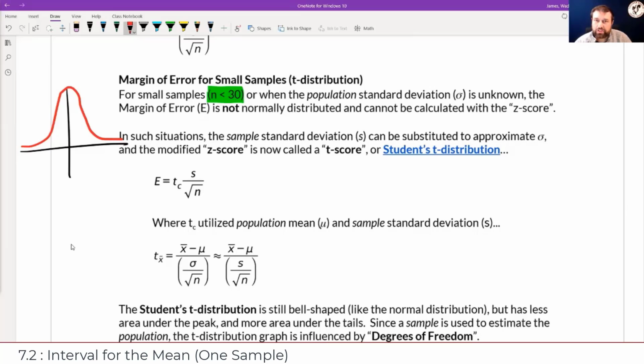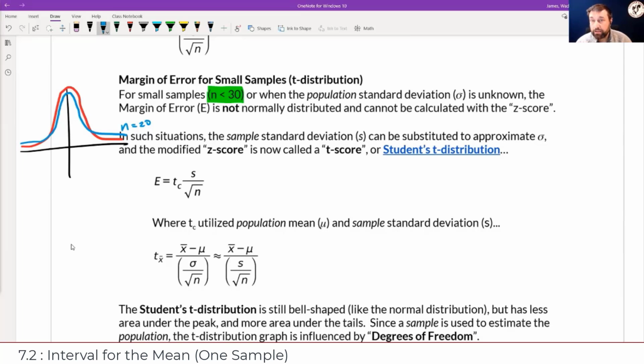If your n is less than 30, let's say n is equal to 20, okay? When you have an n equal to 20, this normal distribution curve gets modified. It gets a little bit deformed. It gets squashed down in the top and the tails get kicked up.